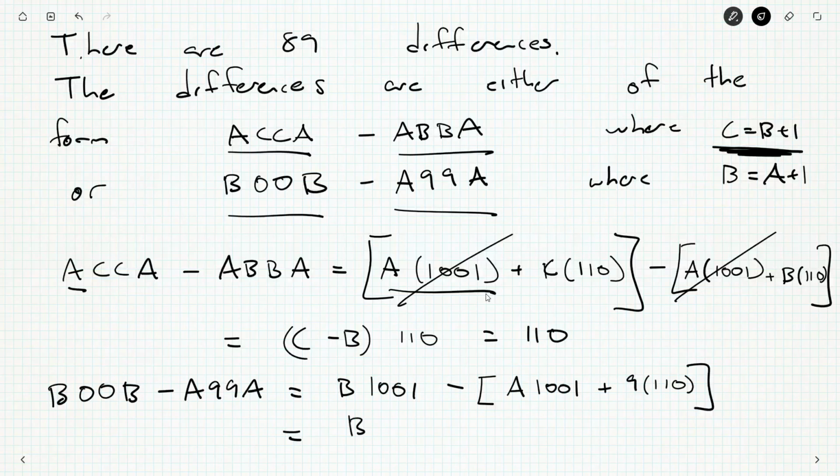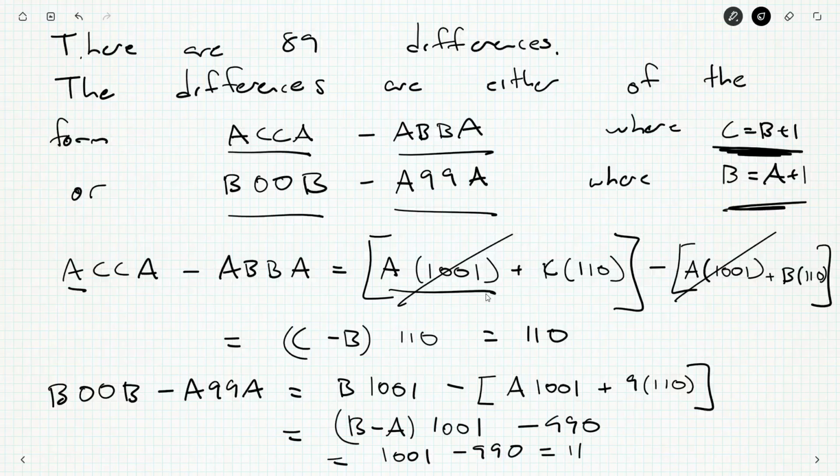So this will be B minus A times 1001 minus 990. B minus A, of course, is 1, so this is 1001 minus 990, and that is 11. So those are our possibilities. This might also stand as a proof in part B, but I really think extending the chart just to find the 11 is fine.